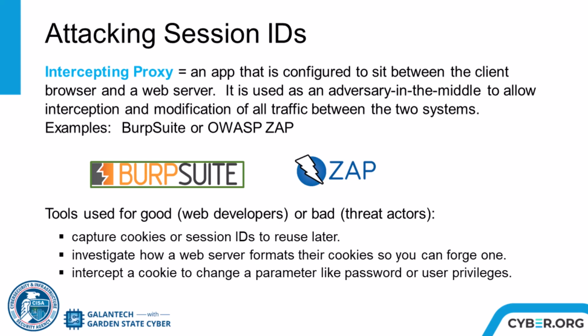By intercepting cookies or passwords, the hacker can either learn information or even change the data. It is used as an adversary in the middle to allow interception and modification of all traffic between the two systems. Examples of intercepting proxy applications are Burp Suite or OWASP ZAP.